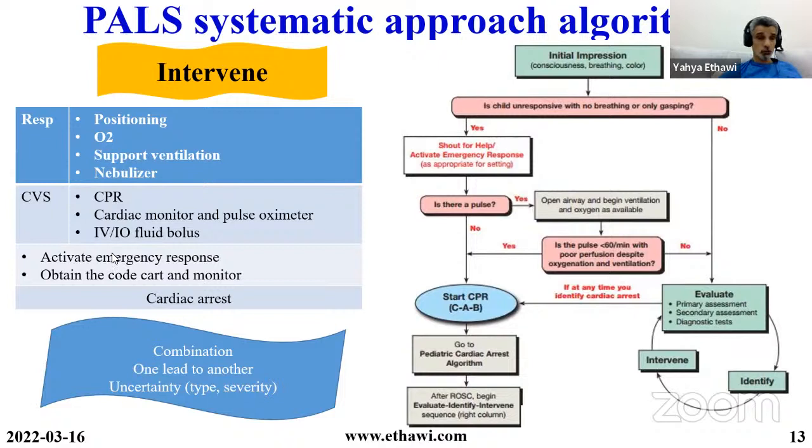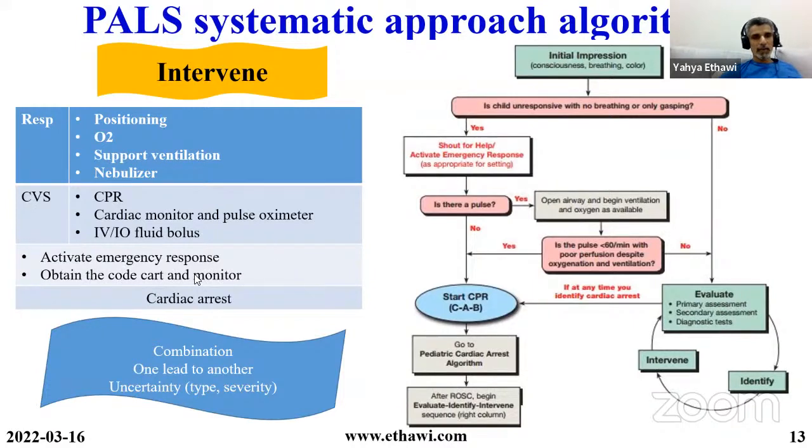In addition to this, if you have a code in your hospital, you have to activate the code or activate the emergency response, whether it's a blue code or neonatal blue or pink code, whatever the code is named, or the code for obstetric or for trauma. And of course, when you have a code, you should have a rapid response team, and you have a code cart where you have all the medications, supplies, and procedures needed for the intervention in one cart that you can push.